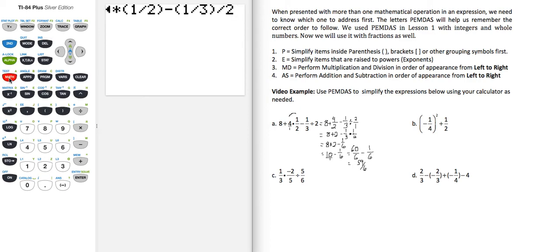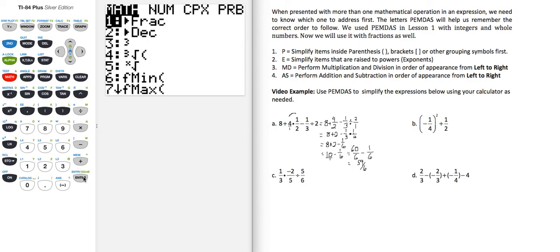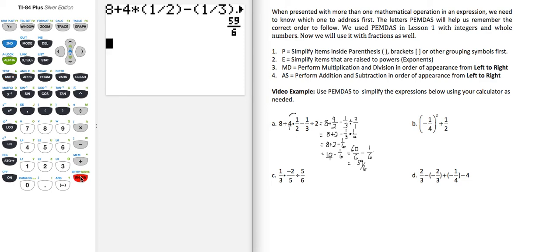I do want my result as a fraction, so I'm going to press math and then option 1, so enter, enter, and that confirms our result of 59/6.